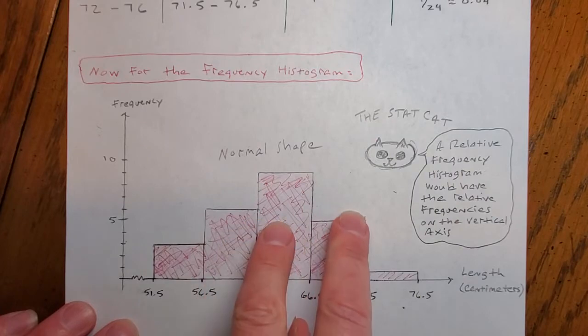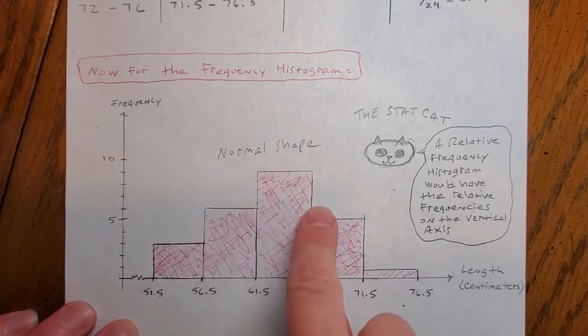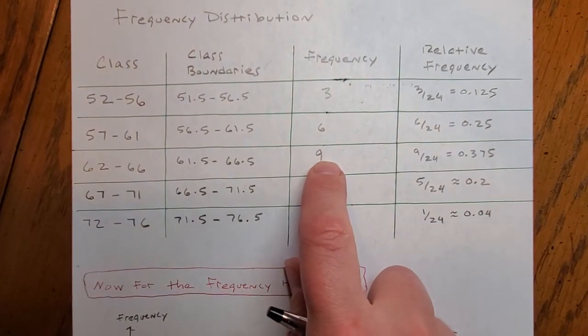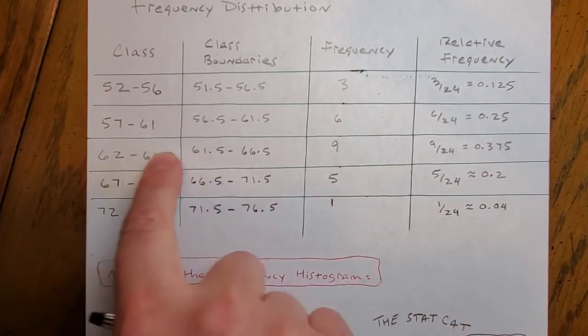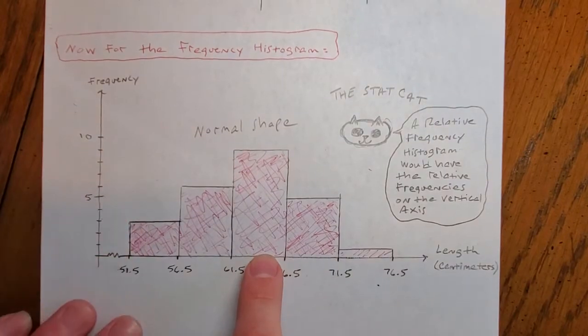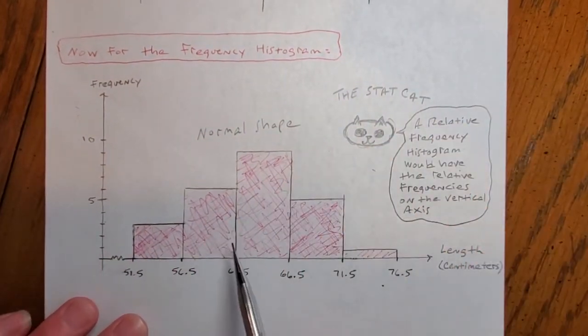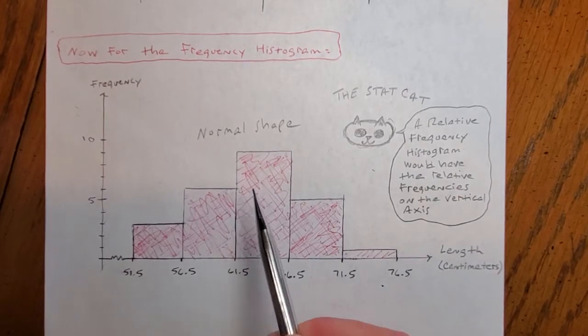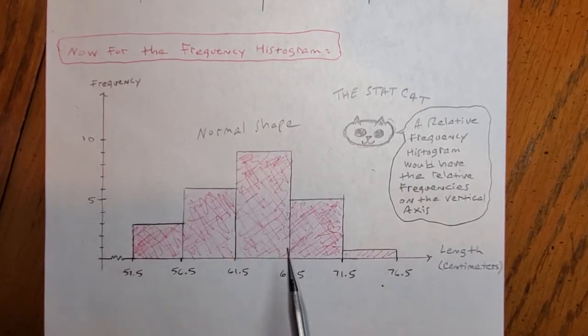That's what this tells us. The tallest bar, the greatest frequency in the whole data set, was right there in the middle. And what that means is most things you measure about people or animals are average, okay?